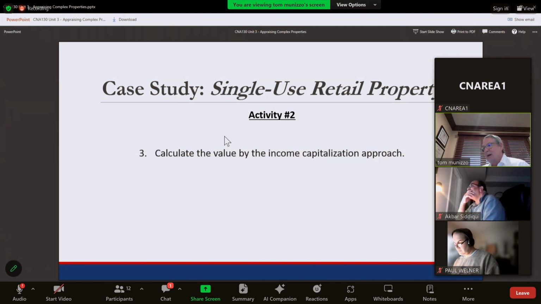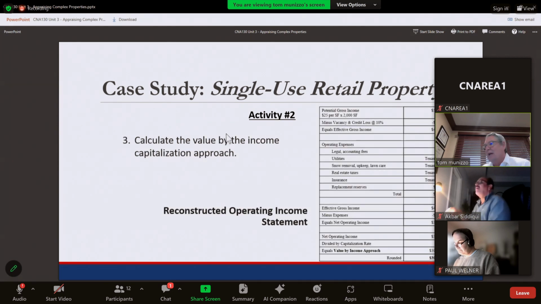Calculate the value by the income approach, capitalization approach. So you had a worksheet on 84. I'm assuming you all did that worksheet and were able to easily plug in everything, as I'm showing on the slide.